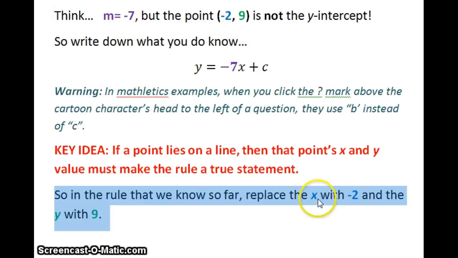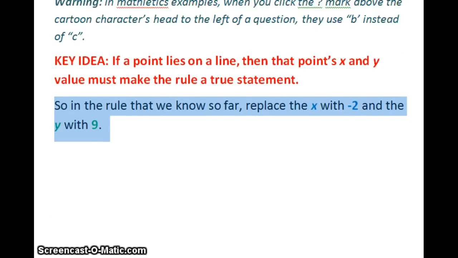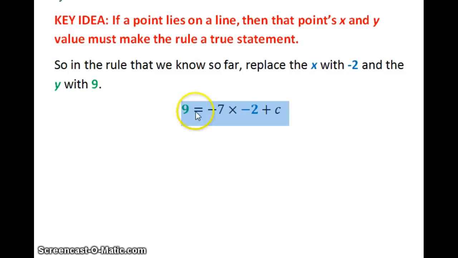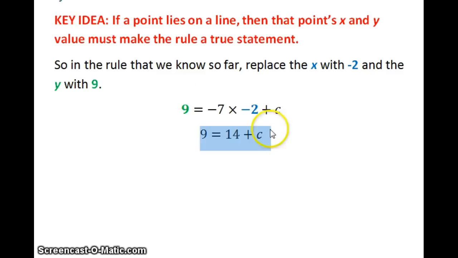So I replace the x with -2, and I'm going to replace the y with 9 in this rule here. So let's make ourselves a little bit of space and see how that works. So we've replaced them. There's the y, there's the x, and now I work out this sum. I've got to do this multiply first. Now -7 times -2 is +14.